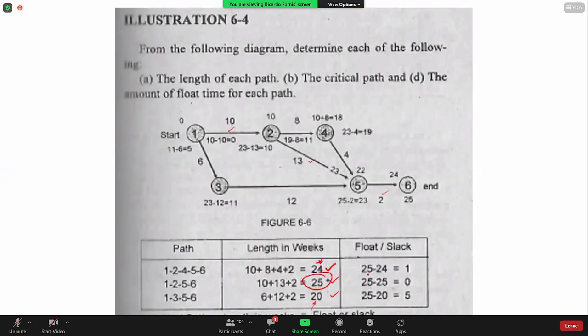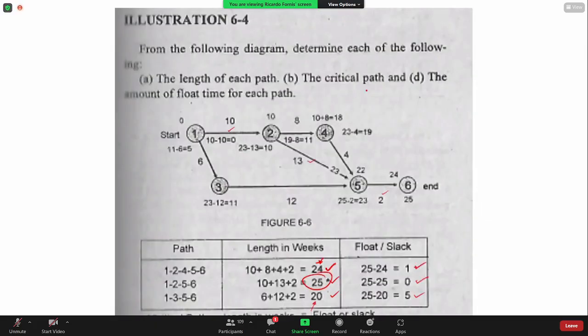The total float for this path 1, 2, 4, 5, 6 is 1. Is that 1 day? Let's just say days. Take note that for the critical path, the float should be 0. So if the float is not 0, it is no longer a critical path. Okay.